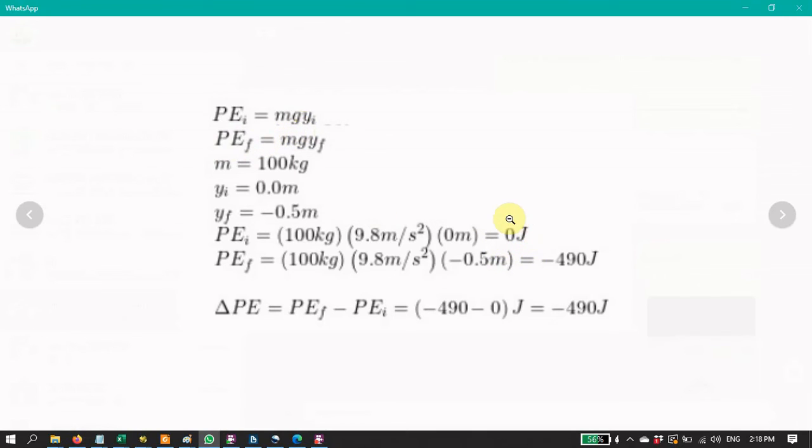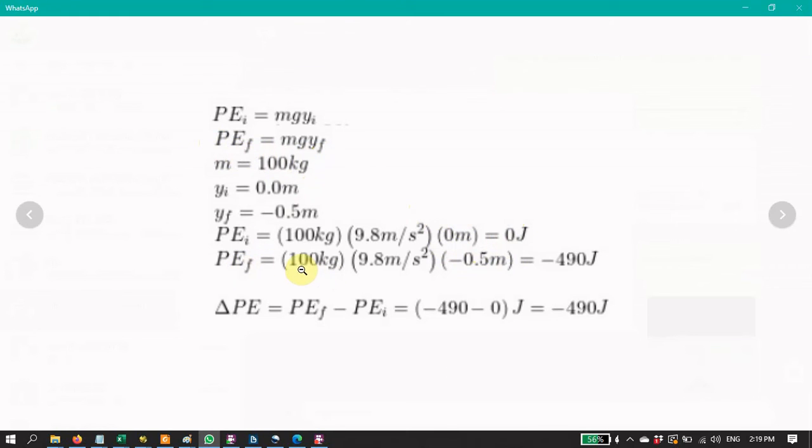So if we understand this, we can say that the value of potential energy really depends on where we define the reference value, and then we have the potential energy at the final location.